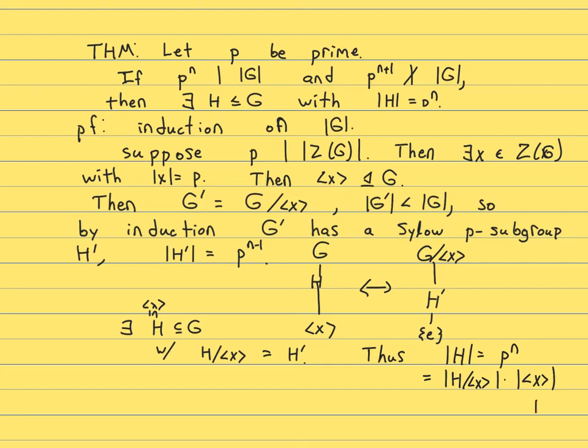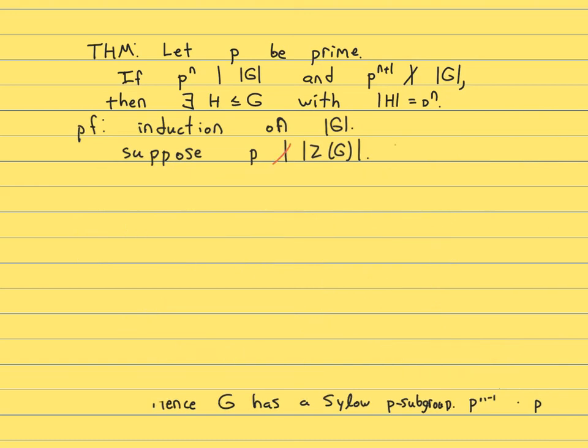And so that's size P, and that's size P to the N minus 1. So congratulations, we found a Sylow P subgroup in G. So I'm going to leave that conclusion for right now.